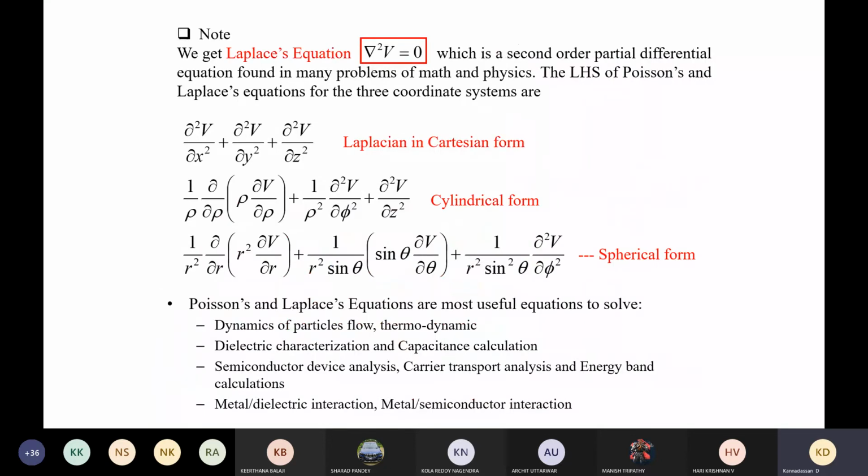So del square V, the Laplacian, is nothing but the squared version of del, that is del dot del itself. For the XY Cartesian coordinate system it looks easy, but other coordinate systems become very tricky. So also try to write this in your notebook in the beginning itself. This is actually very, very useful and huge.